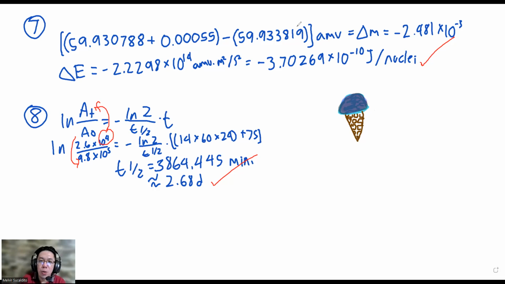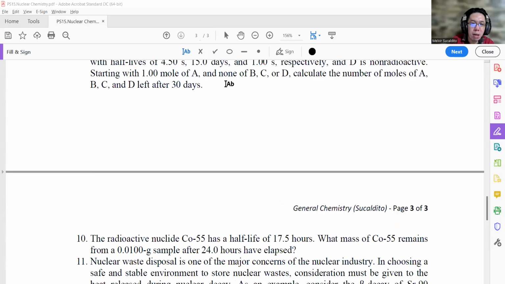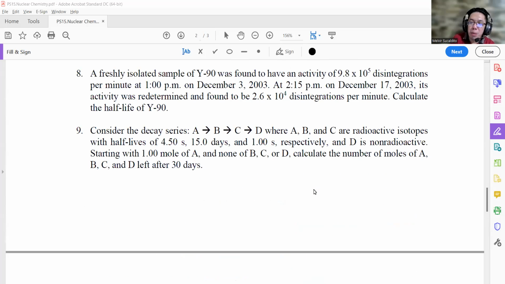We can now go back sa ating I'll screen share ulit. Number 9. Number 9 na tayo. Medyo mahaba-haba yata tong 9. For number 9, tanong mo sa radioactive decay or natural radioactivity.